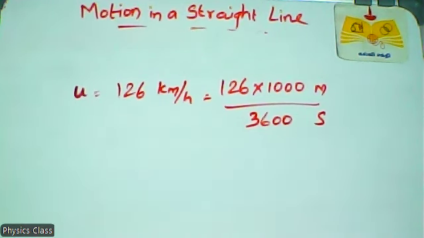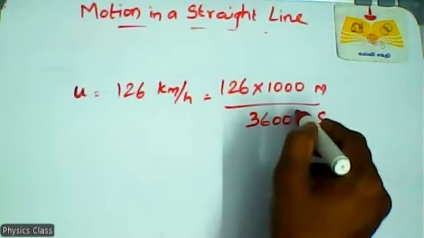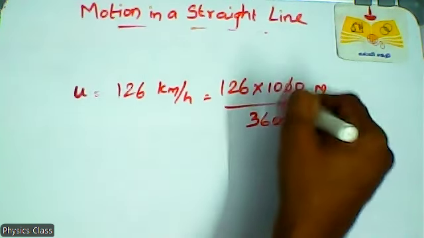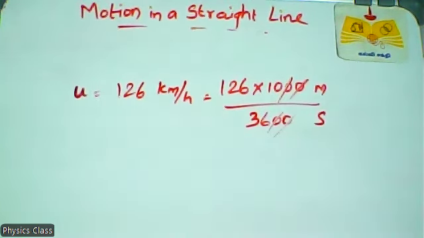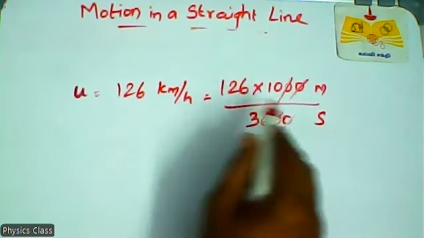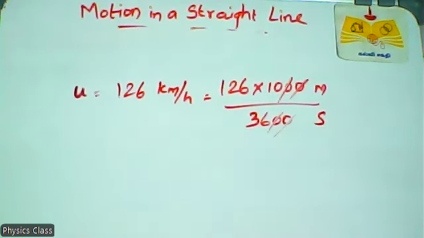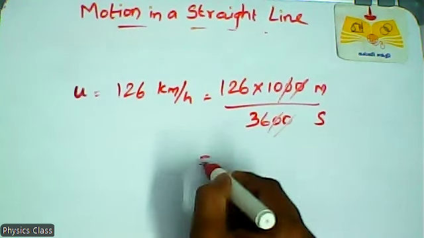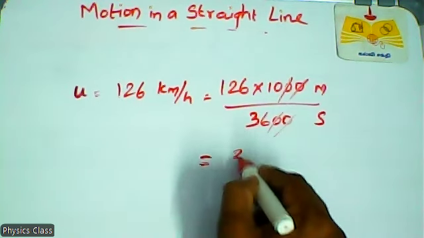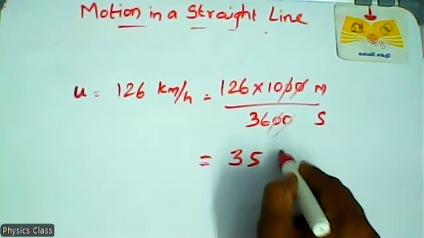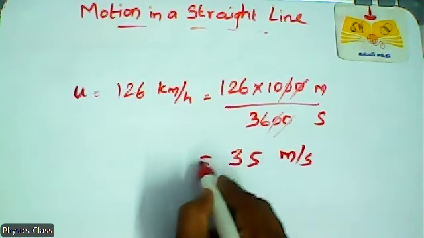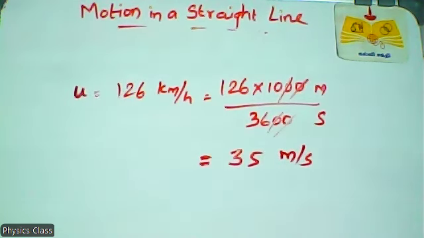So 126 into 1,000 meter by 3,600 seconds. We can cancel the zeros: 126 into 10 by 36. Please check with your own calculation.